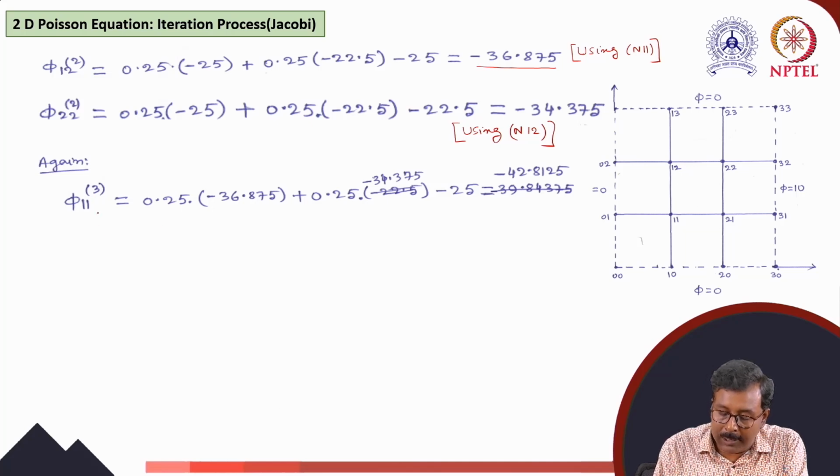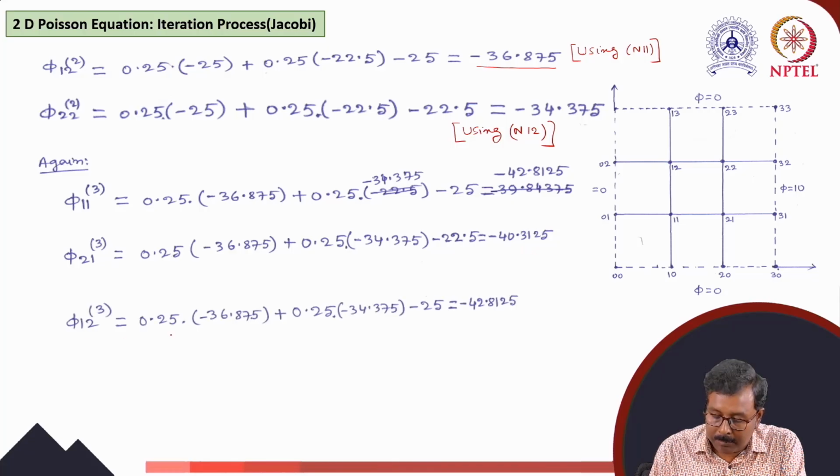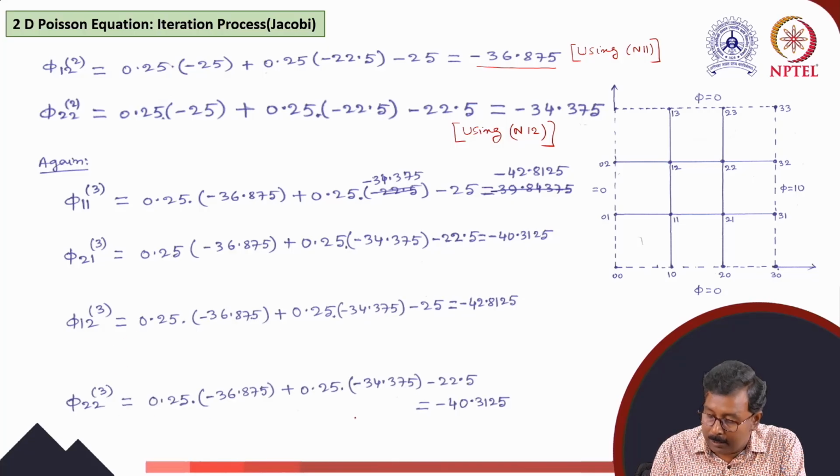If we do this third iteration, phi 1 1 will be coming minus 42.125. Phi 2 1 in the third iteration will be coming minus 40.3125, and this way we are getting these values. If you compute in tabular format, iteration to iteration, you can observe the change in the values becoming low and low.